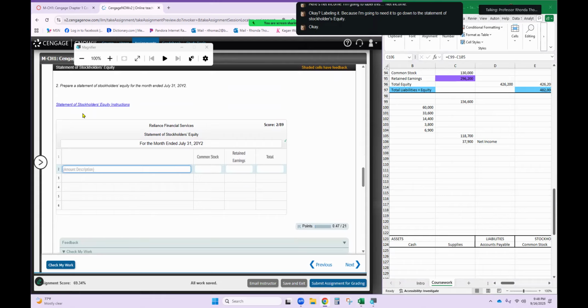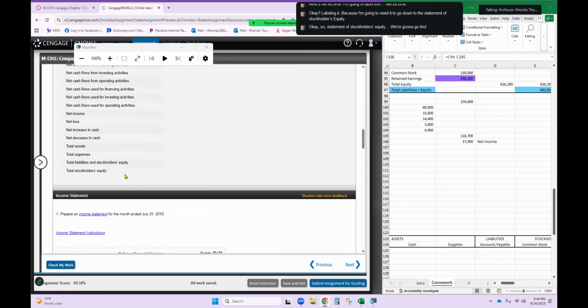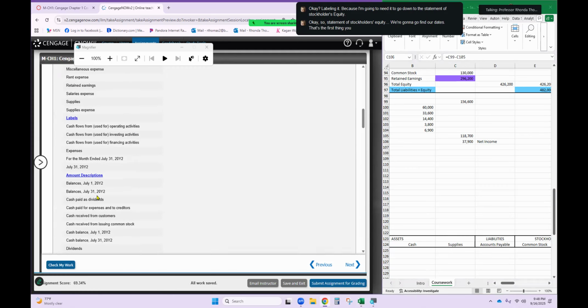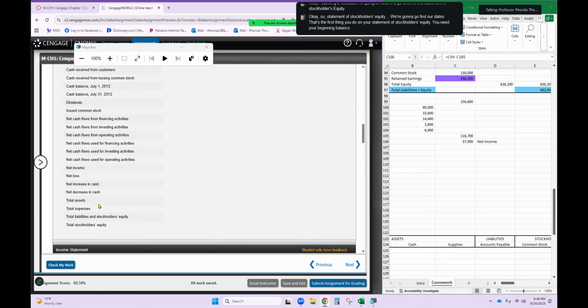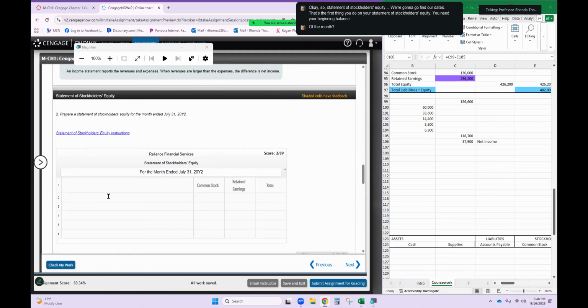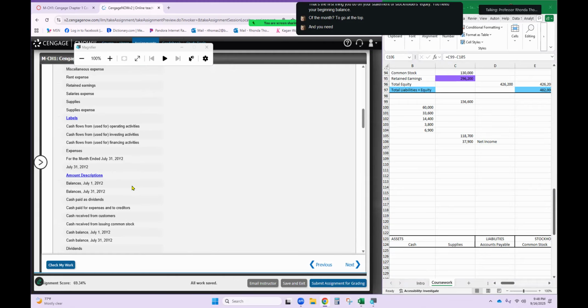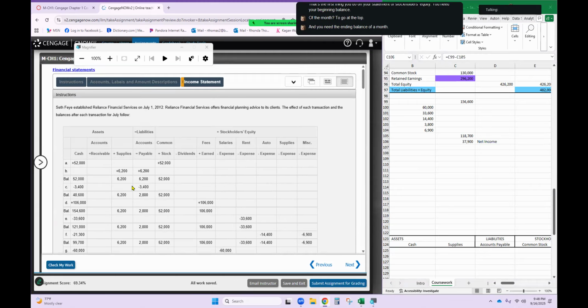Okay, so statement of stockholders' equity, we're going to go find our dates. That's the first thing you do on your statement of stockholders' equity. You need your beginning balance of the month to go at the top, and you need the ending balance of a month to go at the bottom.